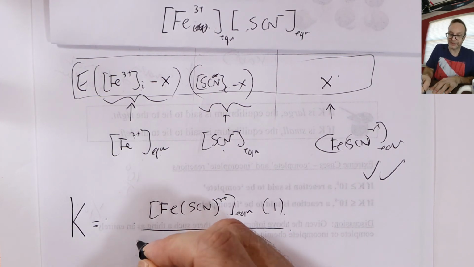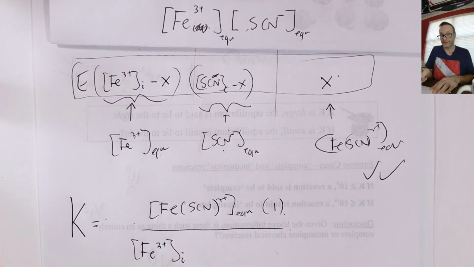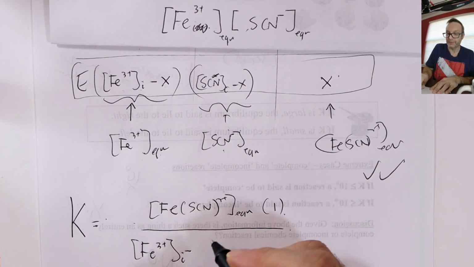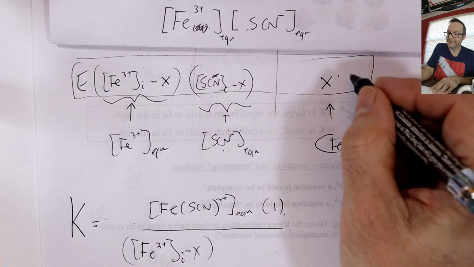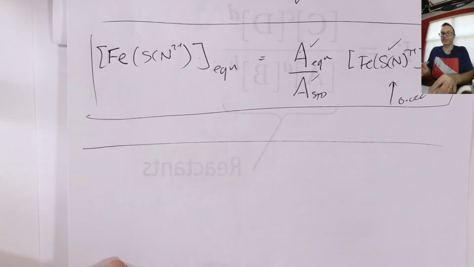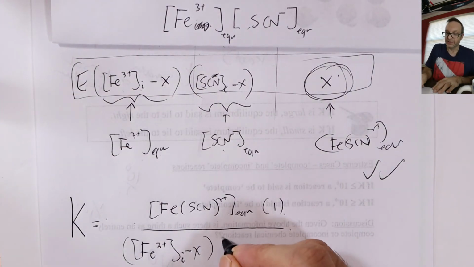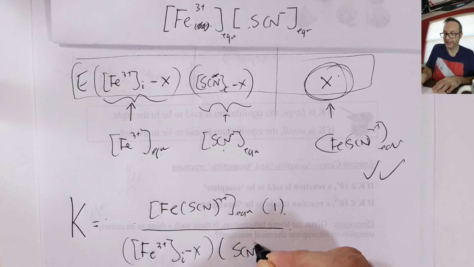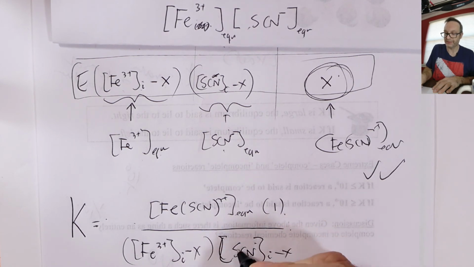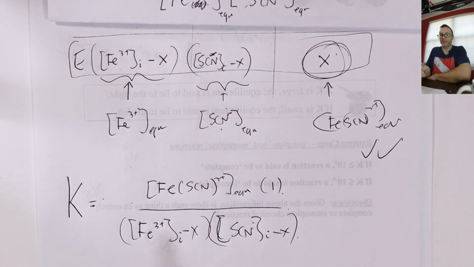Fe3+ concentration initial, you know, minus X. You know what X is, right? Because you worked it out from this equation. Remember, that's X. Times SCN- initial minus X. Boom, boom. There we are. So you can substitute in the values.